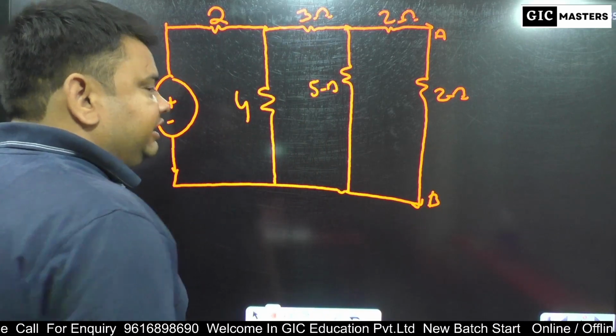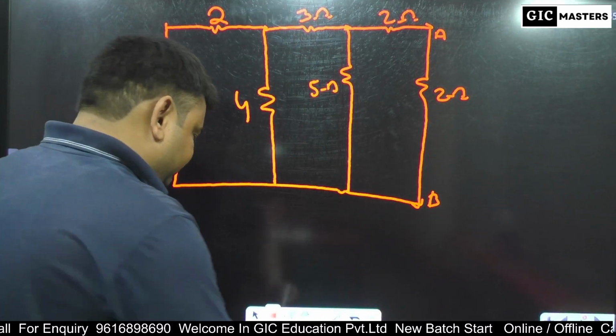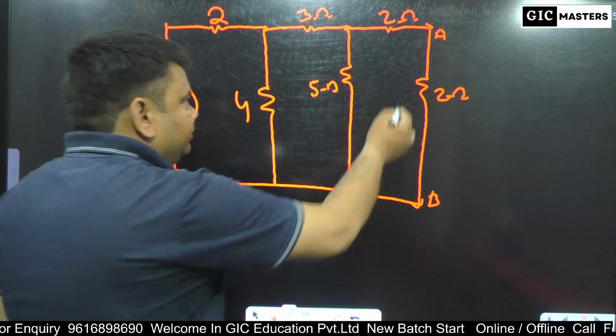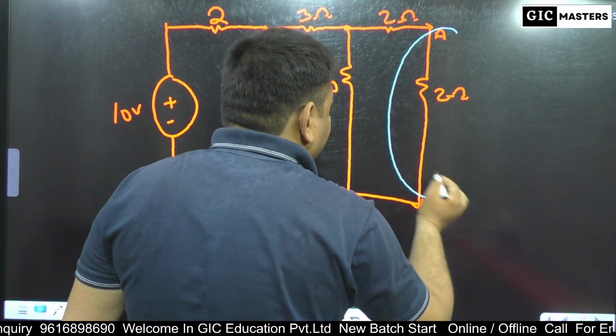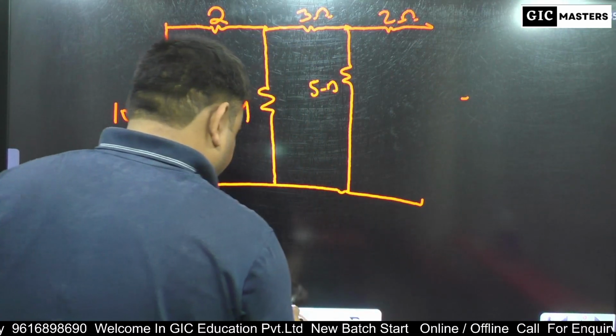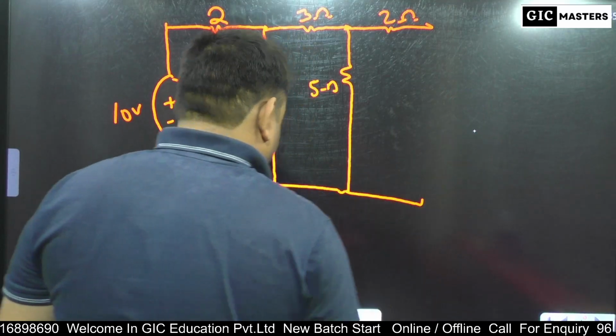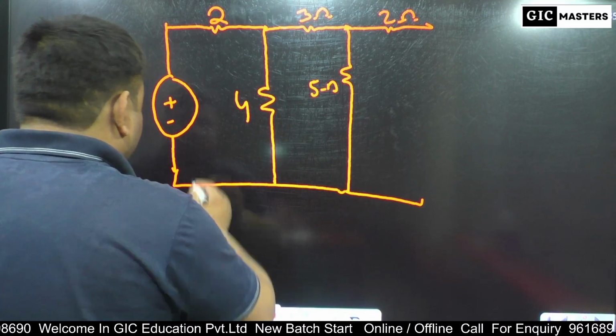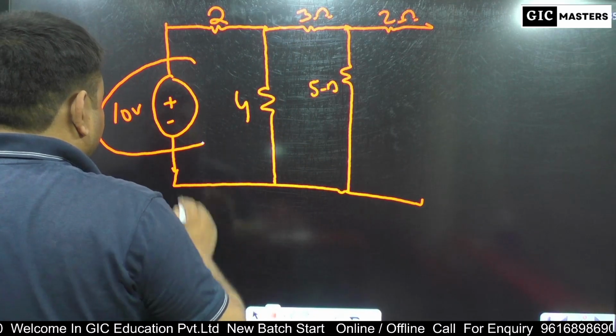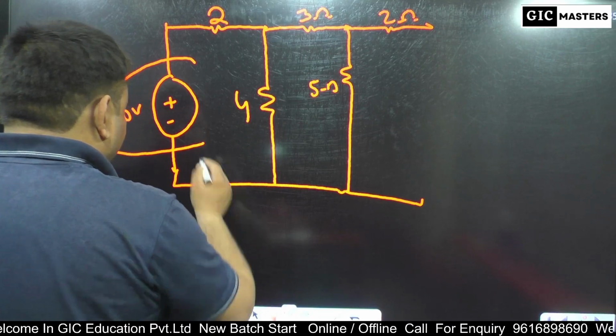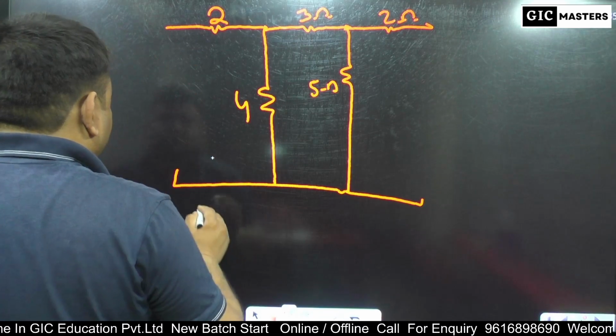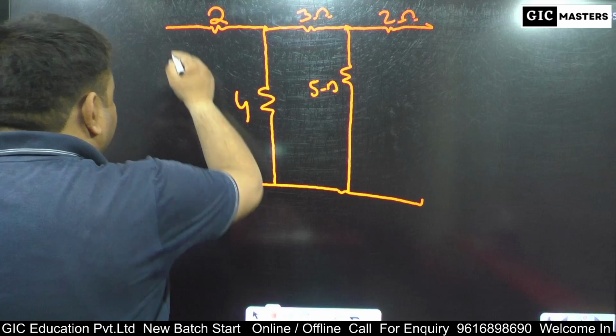For calculating Thevenin's resistance across AB, first short circuit here.